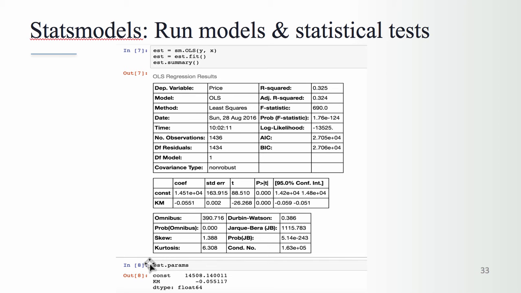Scikit-learn is very good with hardcore machine learning. Linear regression, though technically part of machine learning, has a long history from the field of statistics. So if you are going to run a normal linear regression, you should use Statsmodels, which I think has a richer set of features for standard statistical models.